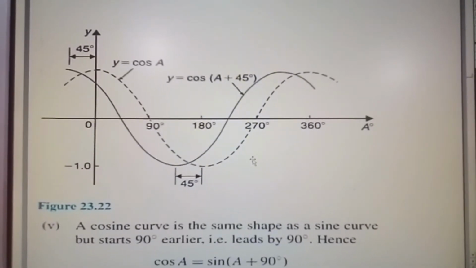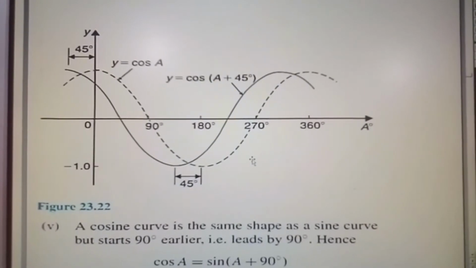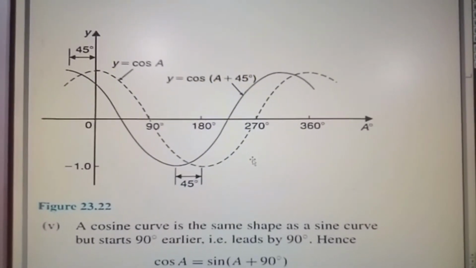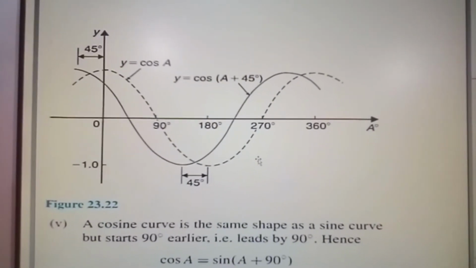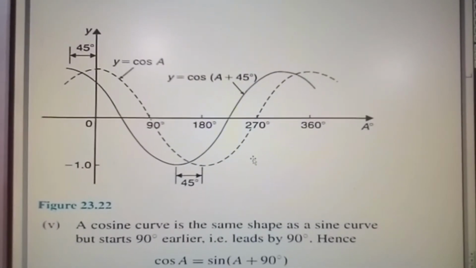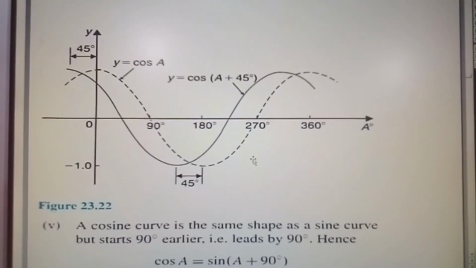Now a cosine curve is the same shape as a sine curve, but starts 90 degrees earlier, i.e. leads by 90 degrees. Hence cos A equals sine of A plus 90 degrees.